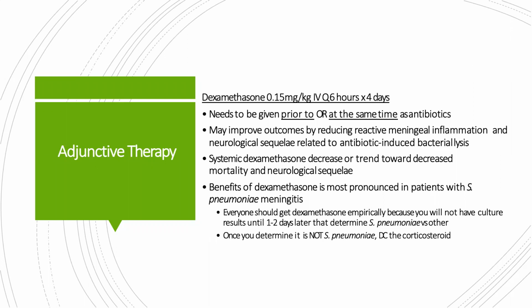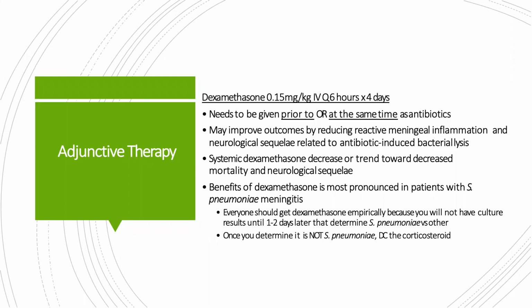The adjunctive therapy has been shown to potentially improve outcomes by reducing the reactive meningeal inflammation and the neurological sequelae related to antibiotic-induced bacterial lysis. Systemic dexamethasone decreases, or trends toward decreased, mortality and neurological sequelae.